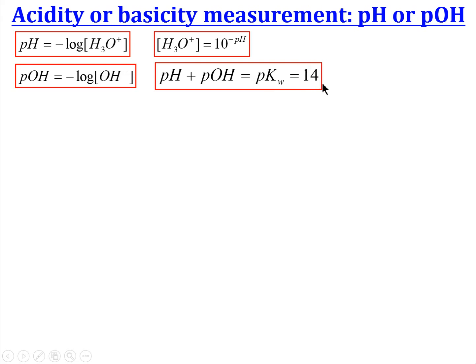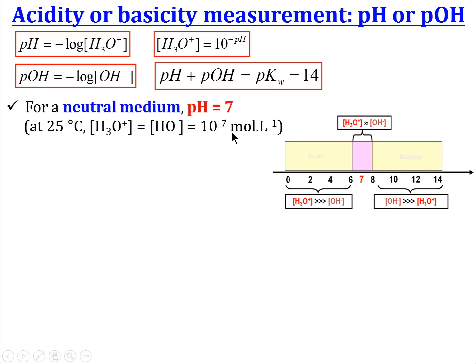At 25 degrees, it equals 14. So pH and pOH for the same solution are related according to pKw. pH plus pOH equals pKw.